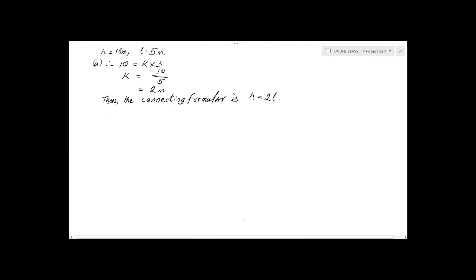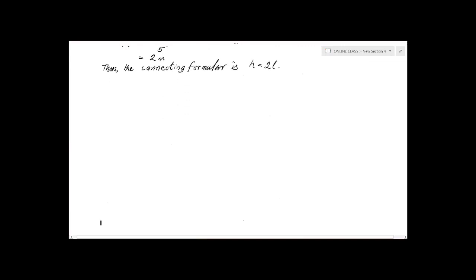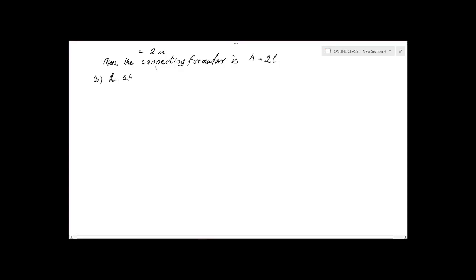Question B now is to be found. B says that L equals 25 meters, and we have to find H. But we have gotten the connecting formula that H equals 2L.